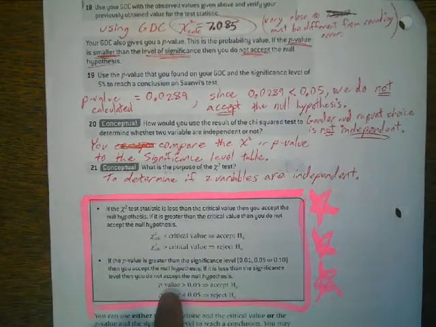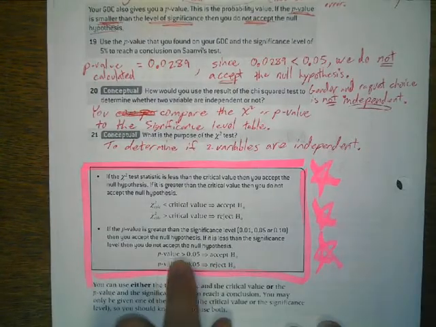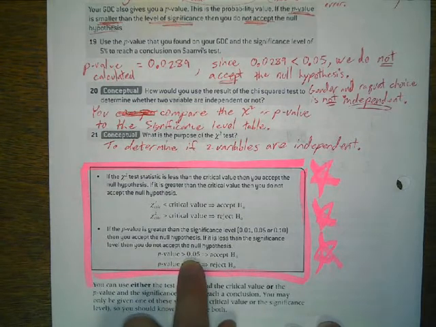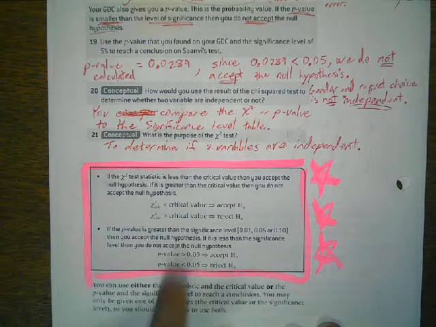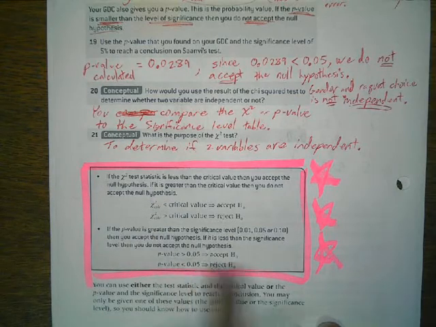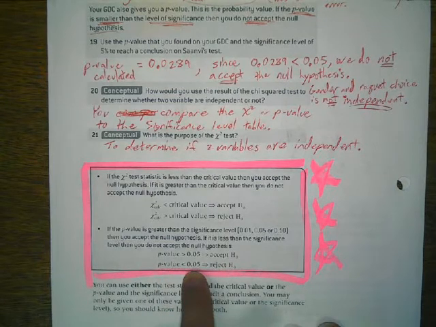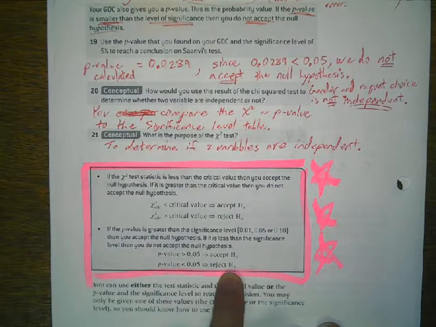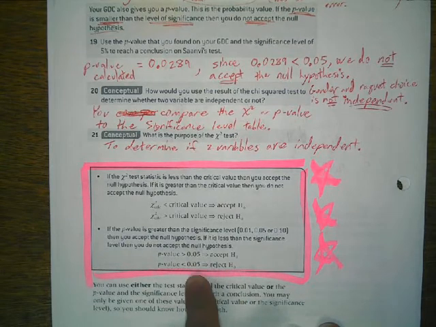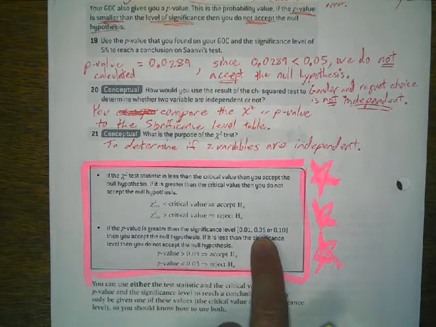So if your p-value is greater than 0.05, if we're dealing with 5% significance, then we accept the null hypothesis. If the p-value is less than 0.05, then we would reject the null hypothesis. Now I'm using 0.05 for when we're talking about 5% significance.